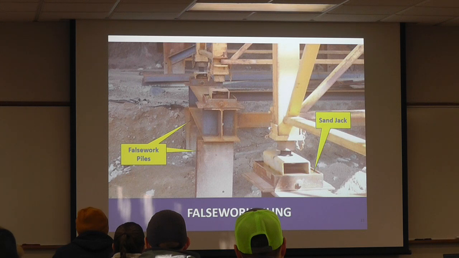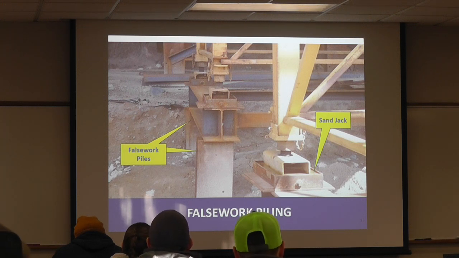Now that doesn't help you if you need to raise it, but usually there's screw jacks or something that you can raise it. But where this is really beneficial is you've cast the concrete now, you've got this huge load sitting on top. How are we going to get that falsework out? You open up this little valve, sand comes out, falsework drops, and it's easier to remove. So, pretty ingenious, and I've seen it on quite a few, including the St. Croix.